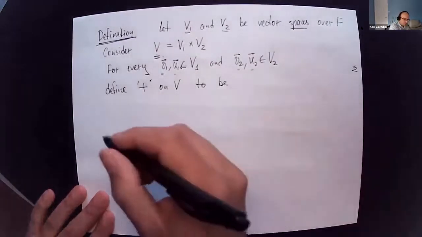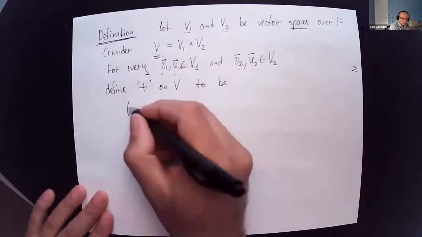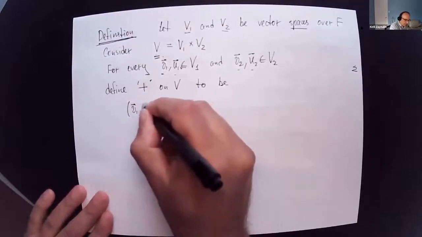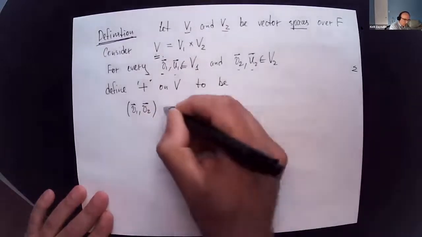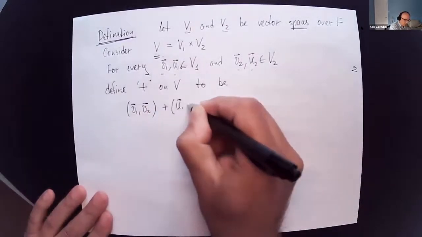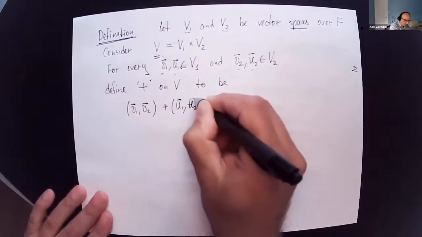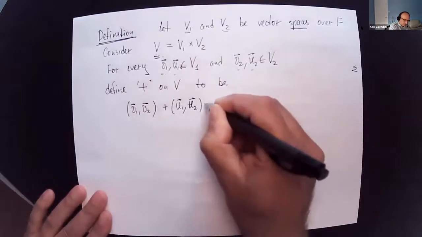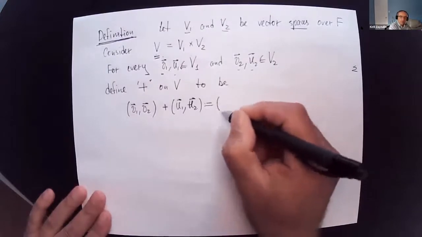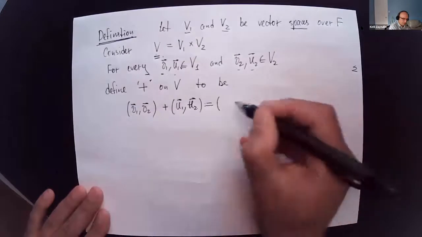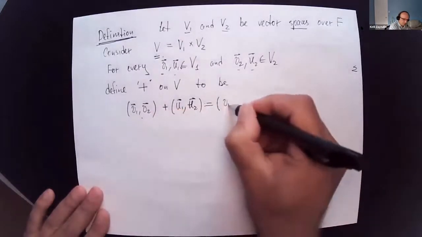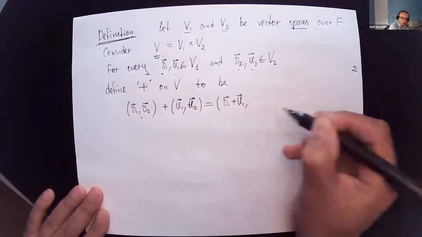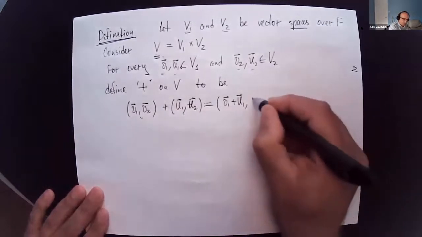If we have V1 and V2 and we would like to add this vector to U1 and U2, the result will be given just by adding the respective coordinates in these pairs. So the sum is set to be the sum of the first coordinates and the sum of the second coordinates.